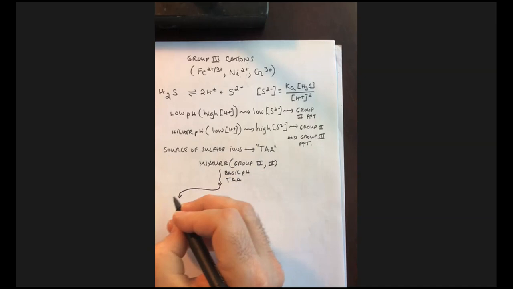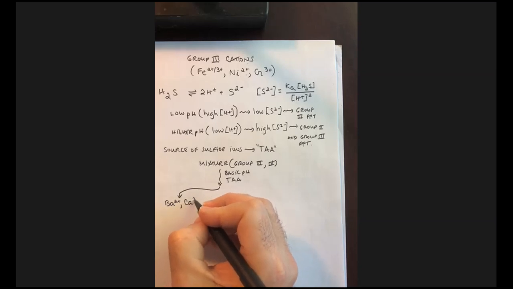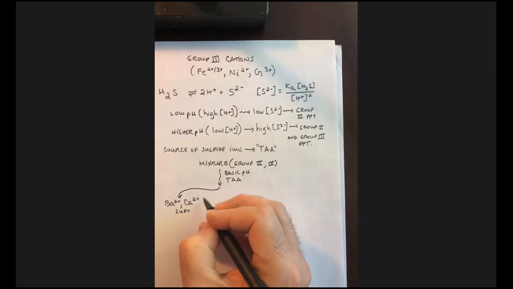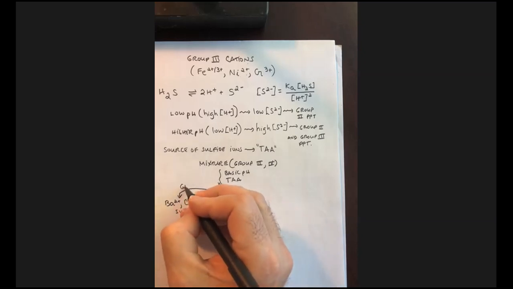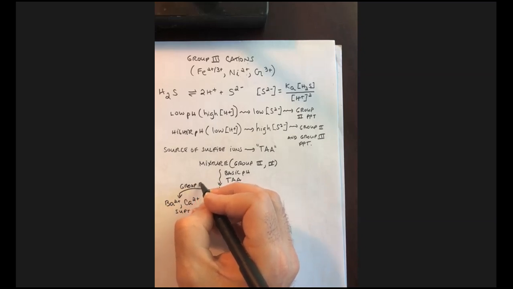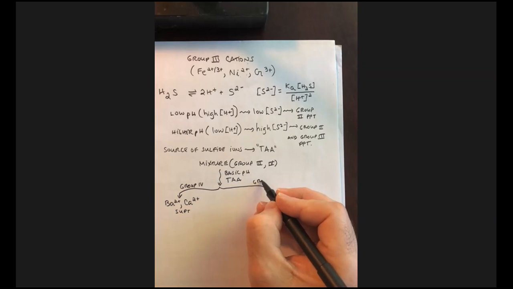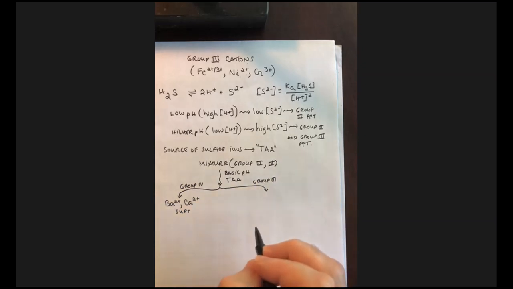That's going to separate, leaving our barium and calcium ions in the supernatant. These are the group 3. I'm sorry, these are the group 4. And in your precipitate is where you're going to have your group 3 ions, okay?